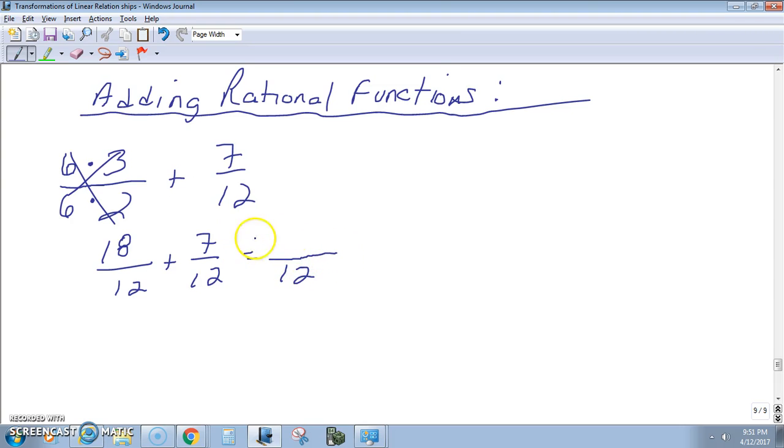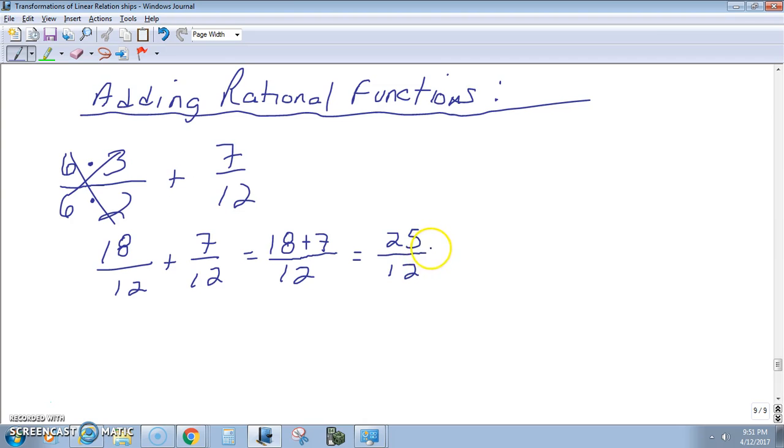And on the numerator, I could write it just like this, and actually this is going to make more sense now that we're doing rational functions. 18 plus 7 all over the common denominator, which is 12, but I can simplify the numerator by adding those together, and I think it's 25. I did that super quickly in my head, over 12. Okay? And for simplicity's sake, let's just keep it like this. You could turn it into a mixed number, 2 and 1/12, but let's just leave it as 25 over 12.